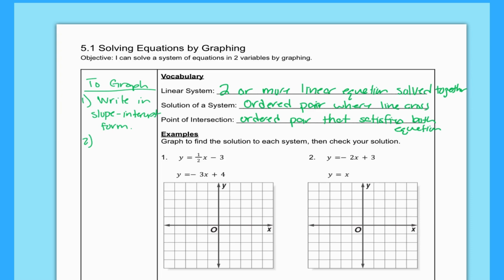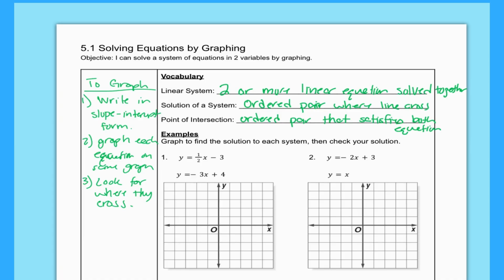Then we're going to graph each equation separately. Make sure you graph them on the same graph. And then we're going to look for where they cross. We're going to look at some special cases, but not until we've learned how to do all this first.